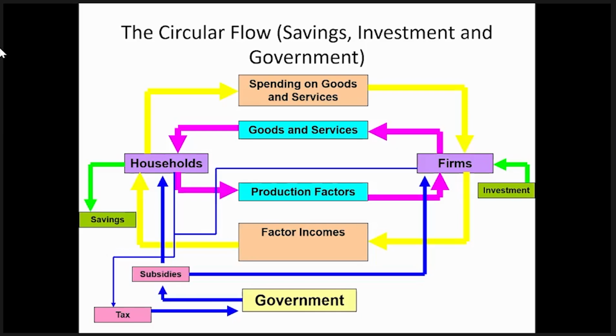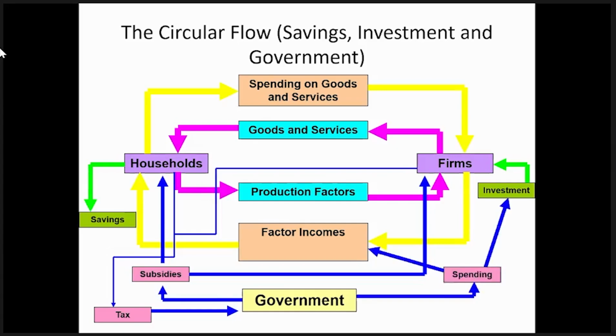So households will be getting subsidies, as well as firms also getting subsidies, like paddy farmers. So paddy farmers are getting fertilizer subsidy, or big companies may be getting some marketing subsidies or international trade subsidies from the government. But anyway, with the money government earns through tax, some of it will be distributed between households and firms as subsidies.